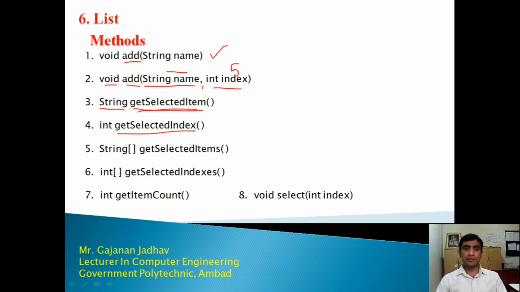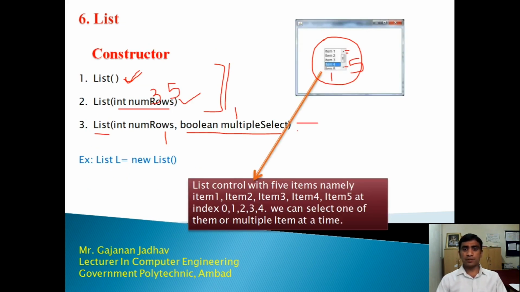The fifth method, look here. The return type is a string array: getSelectedItems. The return type is String[]. This method is used if you create a list control by using the constructor where multiple selection is available.